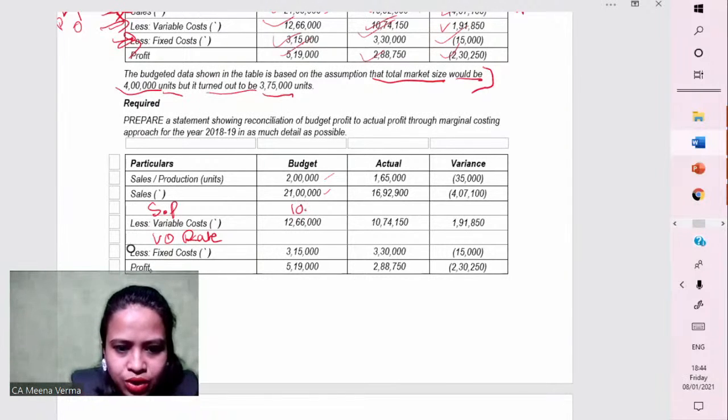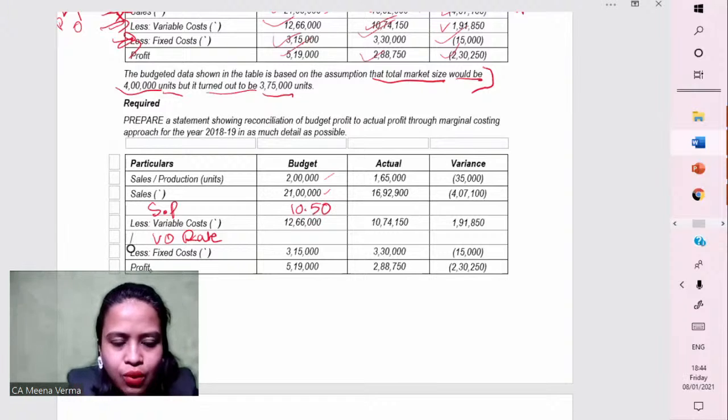This is 10.50. How do I find the standard selling price, the budgeted selling price? Total sale divided by number of units sold, ठीक है? The budgeted number of units which you want to sell. ठीक है? And here, dividing these two values, I'll get 10.26, है ना?